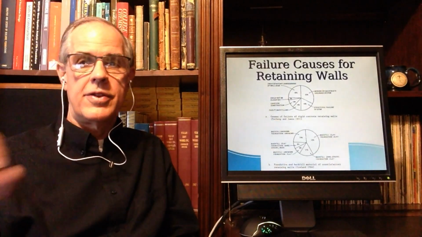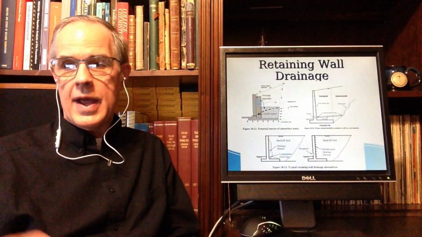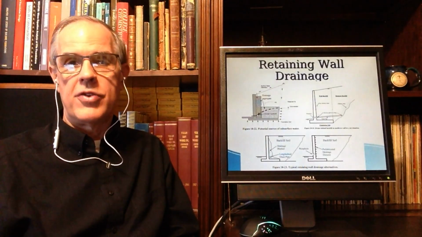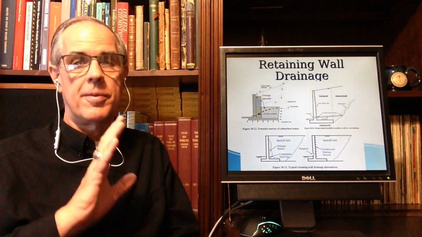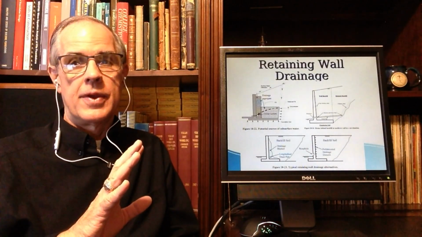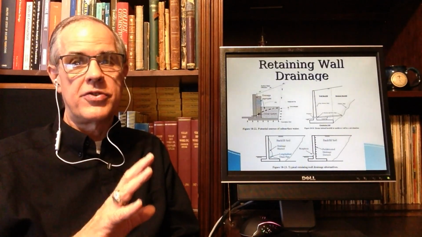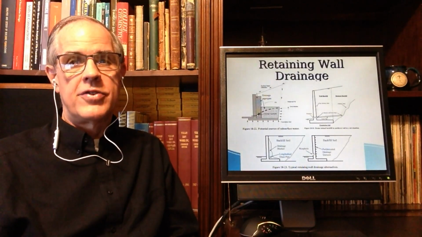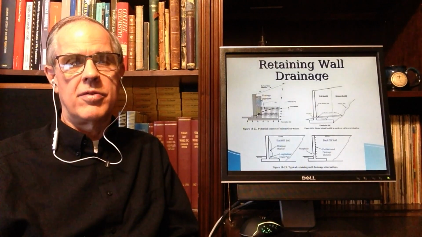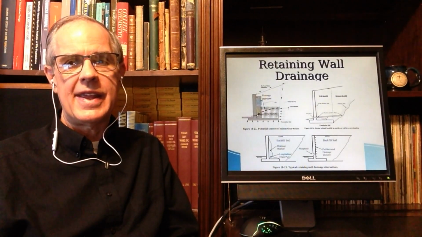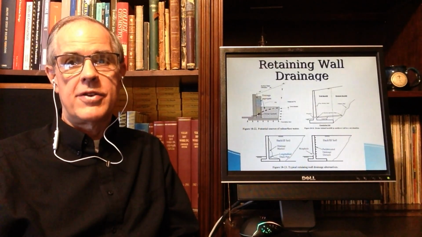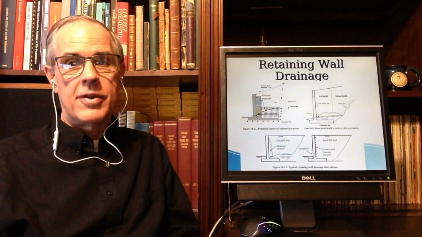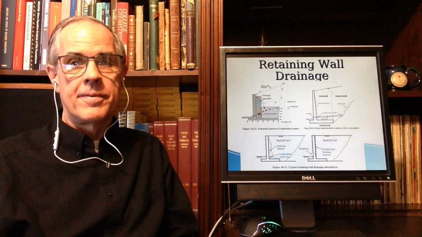So how do you deal with them? I don't spend a great deal of time on it, but retaining wall drainage is an important issue, and this doesn't just apply to cantilever walls. We're going to see this again with sheet piling. Sheet piling has the same problems. Some types of walls are traditionally leaky. With MSE walls, we're going to see you don't have the cohesive backfill issue, so you don't have to worry about it.